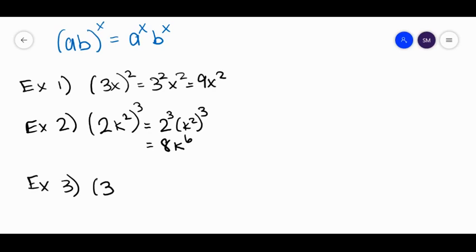Three ac cubed is equal to 3 cubed a cubed c cubed, which is 27 a cubed c cubed.